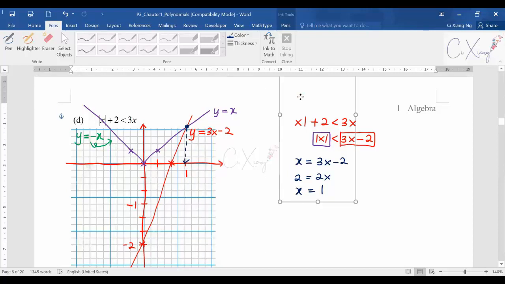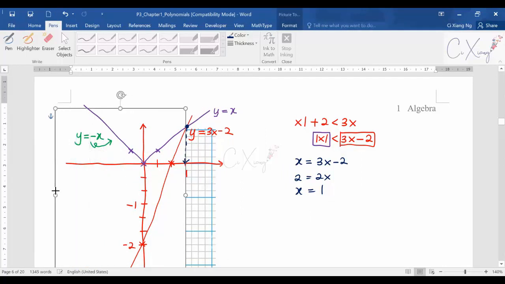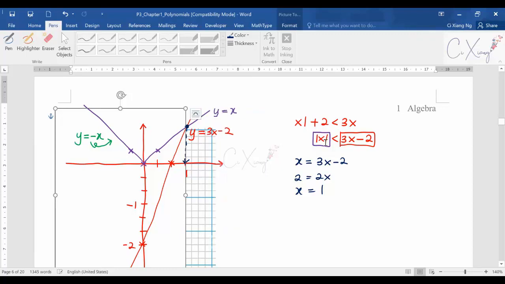So maybe you can shift to the other side of the graph. Now we focus on this part. Again, you want purple color smaller than red color. Maybe I extend the red color a bit so that you can see clearly.